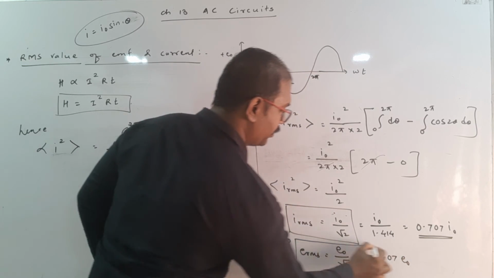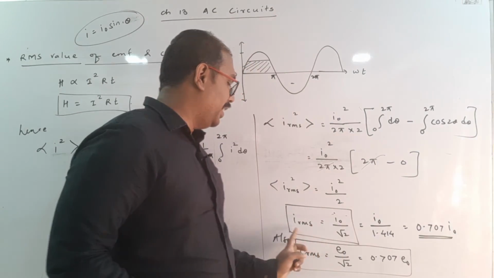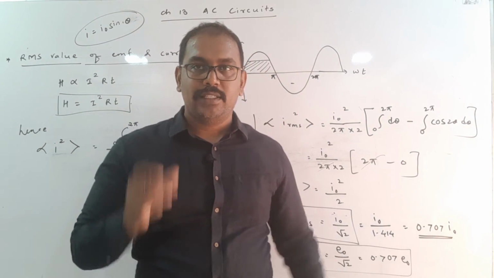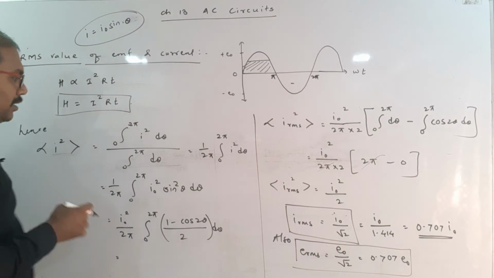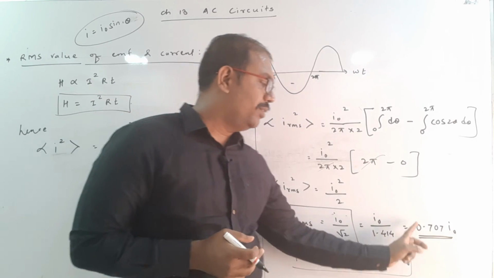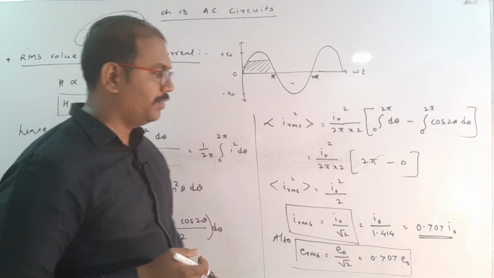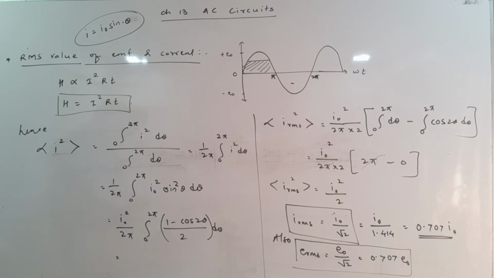So here the average value of the current we are getting is 0.637 I0 and the RMS value is coming 0.707 I0. Means this RMS value is greater than the average value.